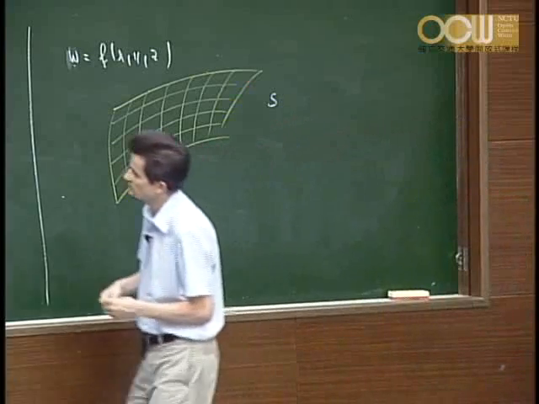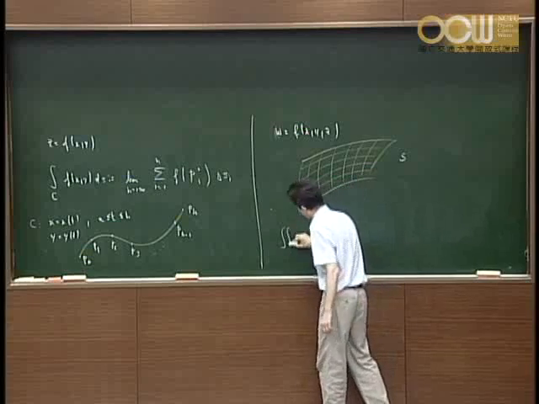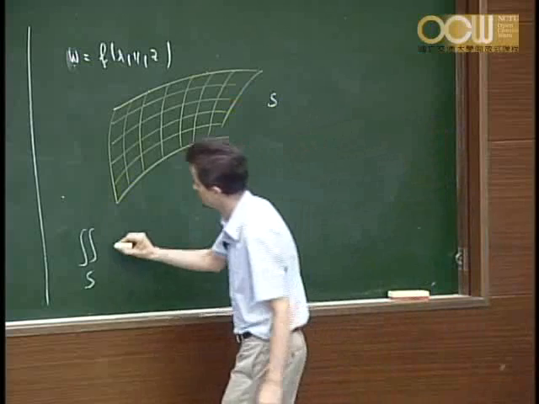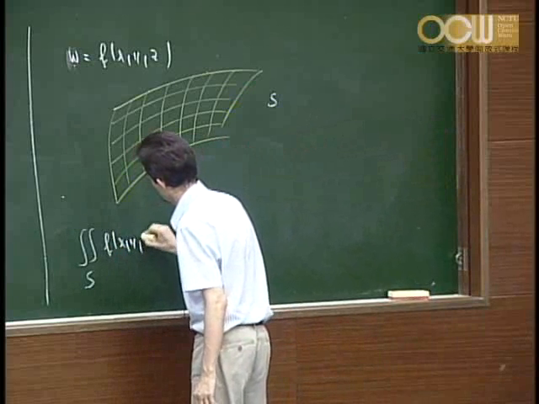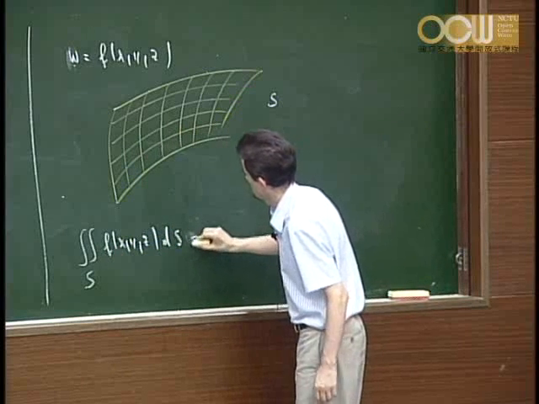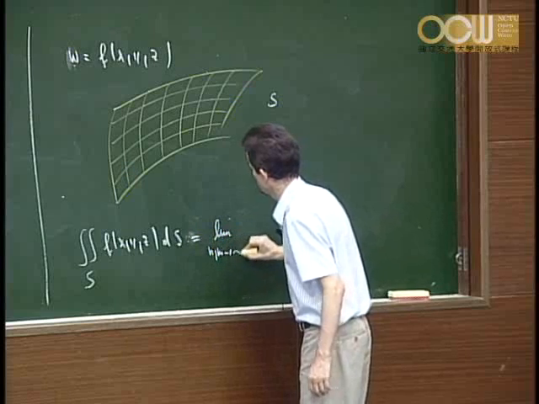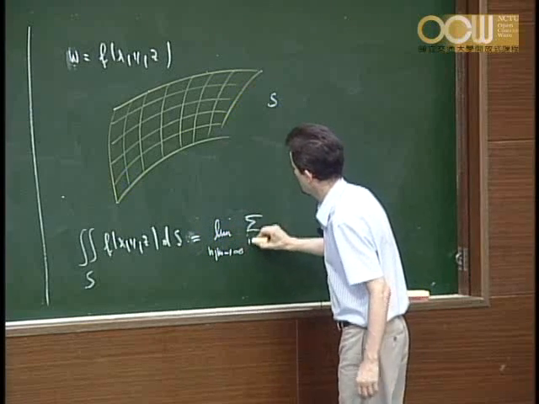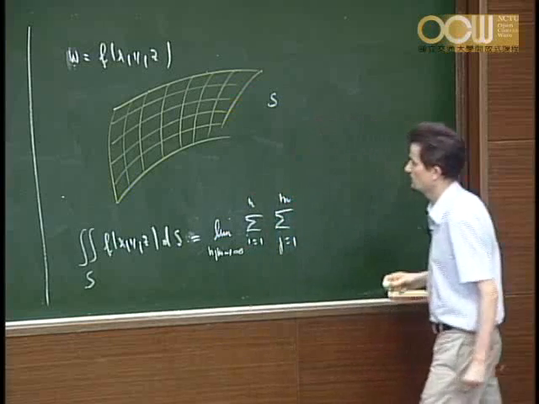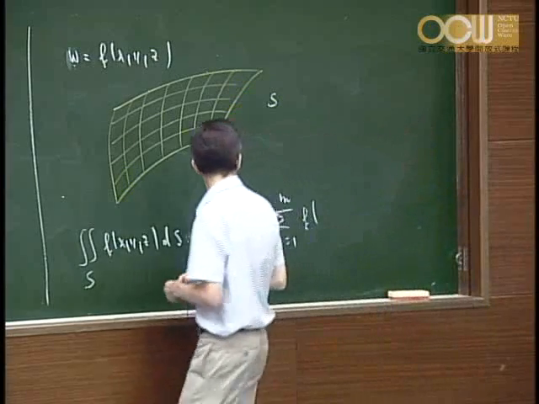And what we do now is we just use a similar definition. So we define a surface integral over the surface S of this function f. Now the limit, n and m tend to infinity, and we have a double sum, i from 1 to n, j from 1 to m, and again we evaluate f at some point on the surface.